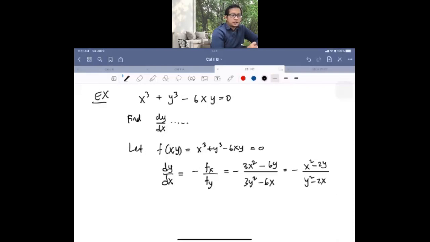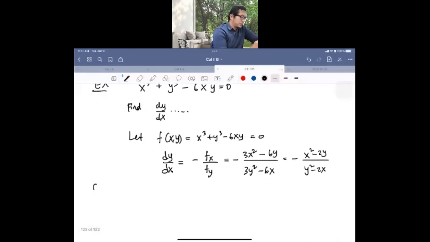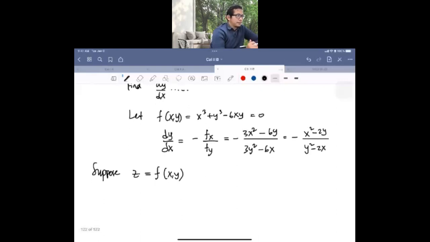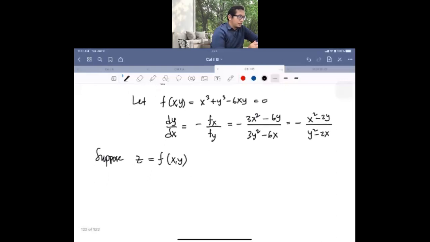Now suppose we have z, that z is our f. We can rewrite the function as z. So z is given implicitly as a function of x and y.